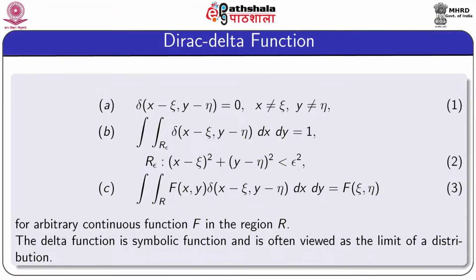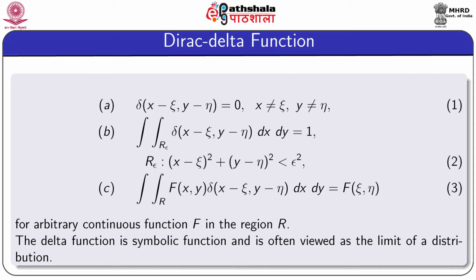Before going to the discussion on Green's function, I am first defining a special function which is called the Dirac-delta function. The Dirac-delta function, which is denoted by delta(x minus xi, y minus eta), equals 0 for x not equal to xi and y not equal to eta. This is the Dirac-delta function in two variables.